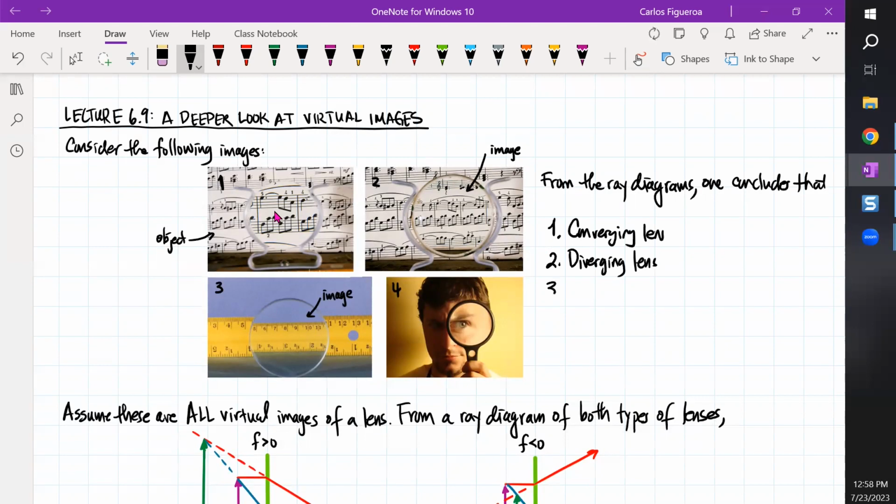So therefore, when I look at 3, this is also a diverging lens. But when you look at 4, note it doesn't change the orientation of the eye, but it clearly makes it larger. So therefore, we conclude, when I look at that image right there, that it's definitely a converging lens.